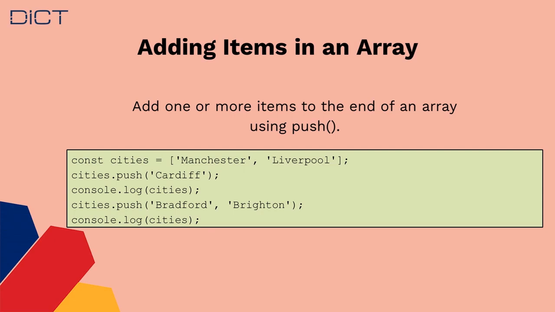Then we push more values, cities.push Bradford, Brighton, and log it again. The output would be Manchester, Liverpool, Cardiff, Bradford, and Brighton. That's how we add one or more items to the end of an array.